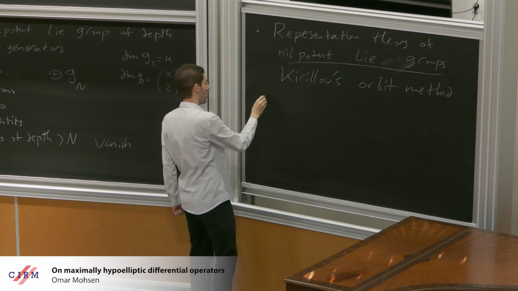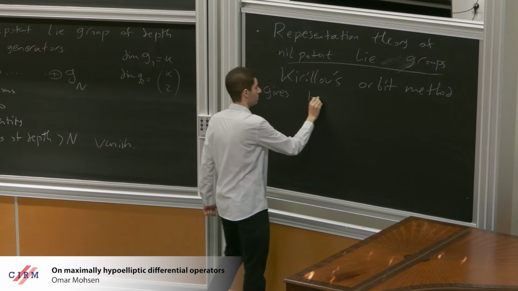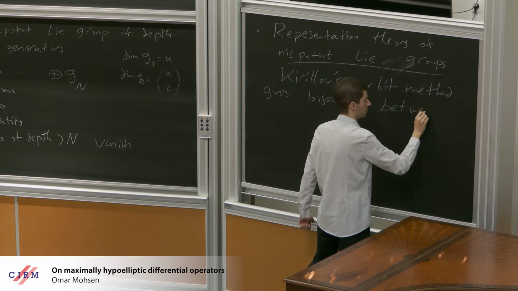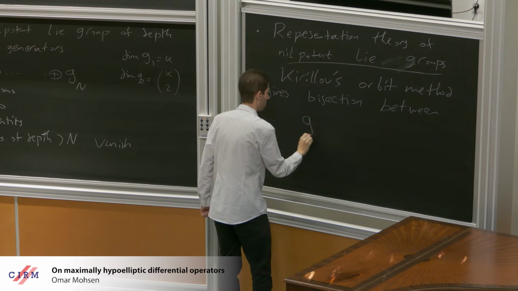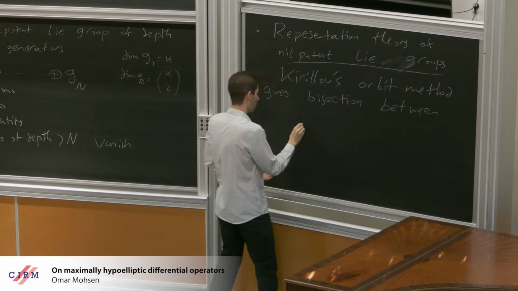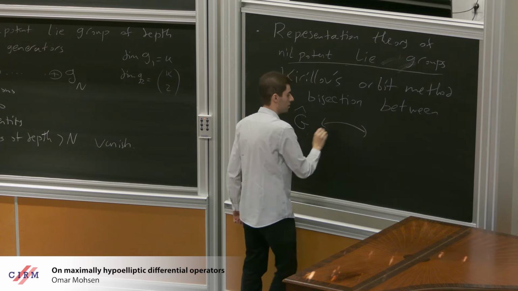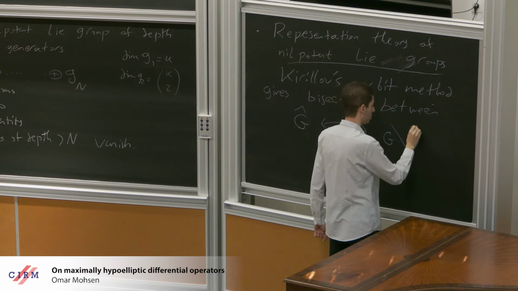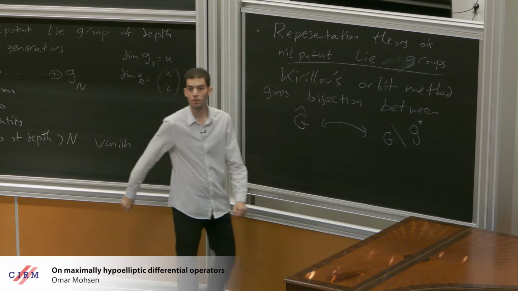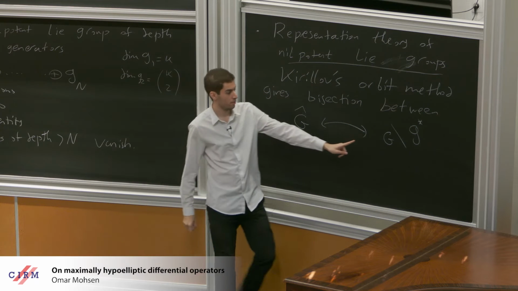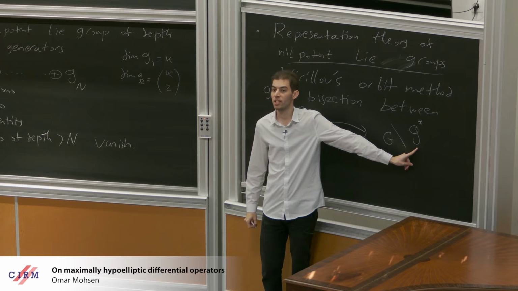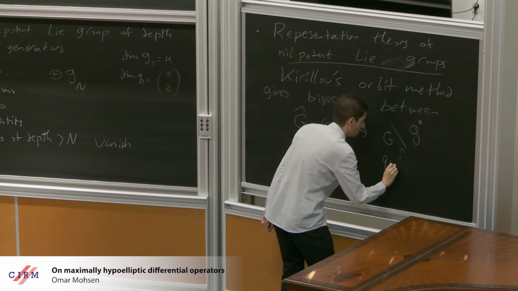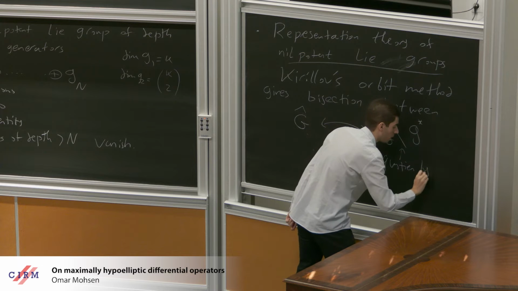which gives a bijection between the unitary dual of G and the quotient of g star, the dual of the Lie algebra, by the coadjoint action. So the group G acts on the dual of the Lie algebra by the coadjoint action.